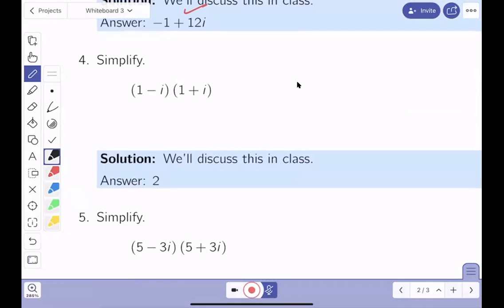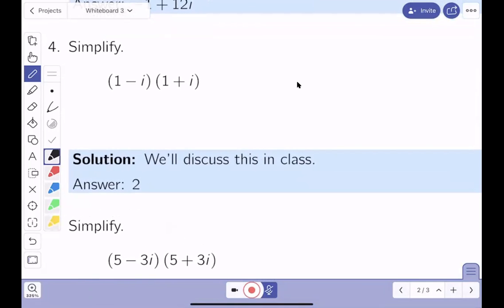Next one's a multiplication. What does this require? Distributive property of multiplication. I have to take the 1, distribute across these two terms, then I take the minus i and distribute across these two terms. Let's see what happens. 1 times 1 is 1. 1 times i is i. What's next? Minus i times 1 is minus i. Then you get minus i squared. All right.